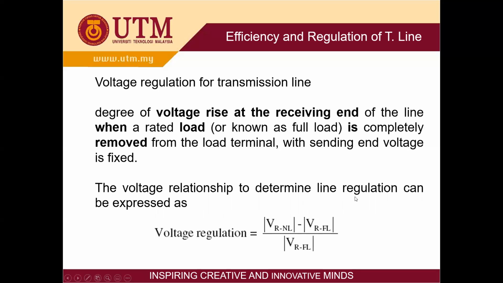Voltage regulation can be obtained by using this equation: the voltage at the receiving end during no load, minus the voltage received at full load, over the voltage received at full load. Usually the voltage during no load will be higher compared to full load, because when a full load is connected, the voltage usually decreases compared to when you have no load.